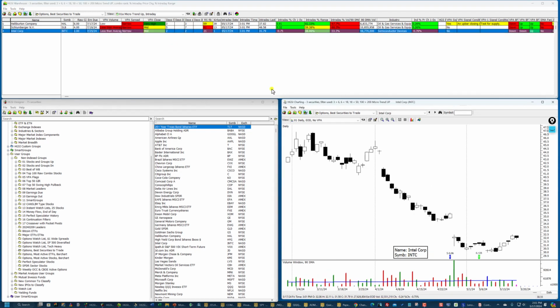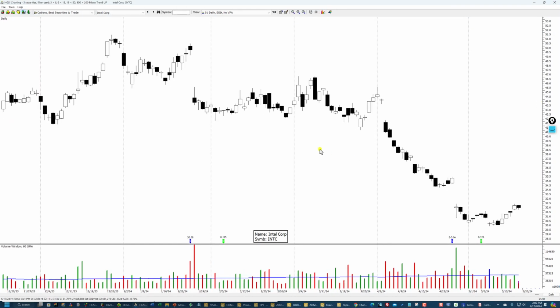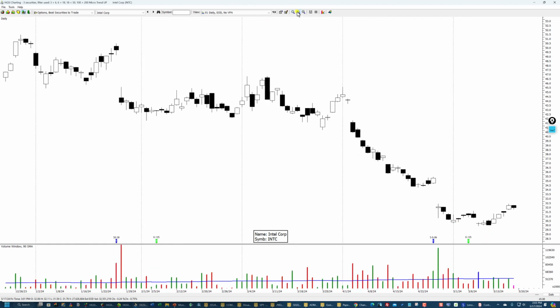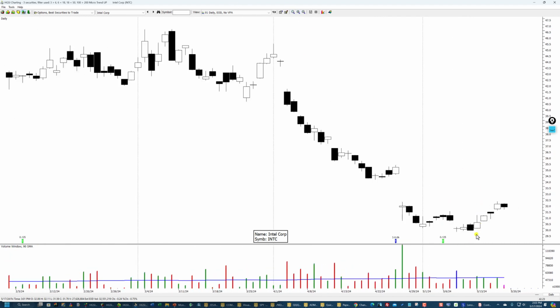I think they just reported not long ago, and this is Intel, and we're going to look at the structure. You can see the gap down on earnings. So let's look at this structure. I'm going to see if I can zoom in a little bit more on here.